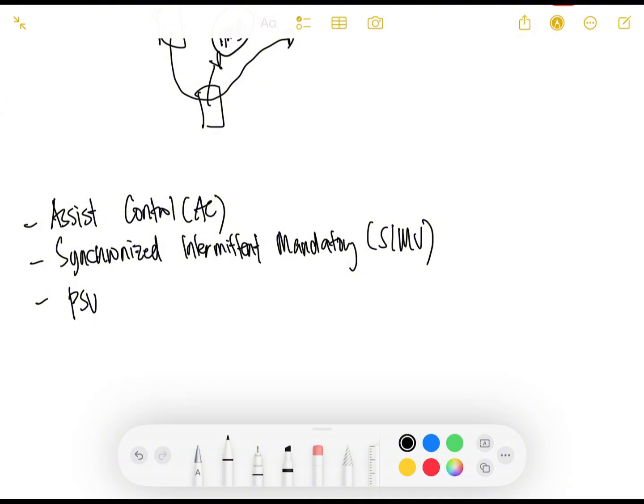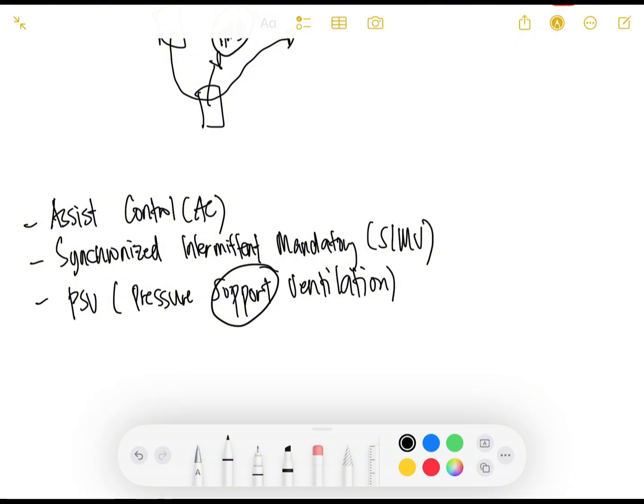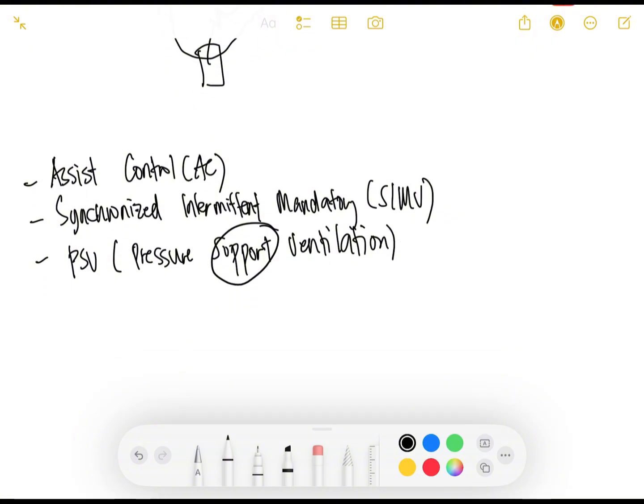And then you have PSV or pressure support ventilation. Okay, in here, pressure support ventilation. Baliktad yung pagkasulat ko. Pressure support ventilation. Okay, from here, it only supports the spontaneous breaths of the patient. Ibig sabihin, yung patient ang humihinga but the machine supports or provides pressure dun sa spontaneous breaths ni patient. Okay, so si patient humihinga siya.